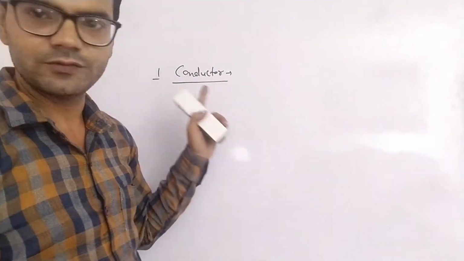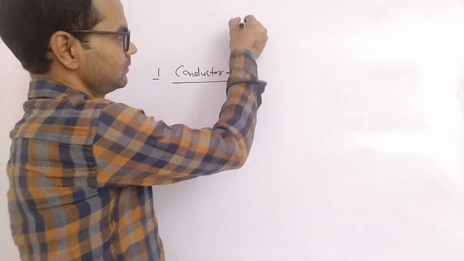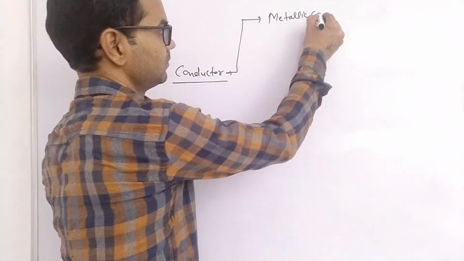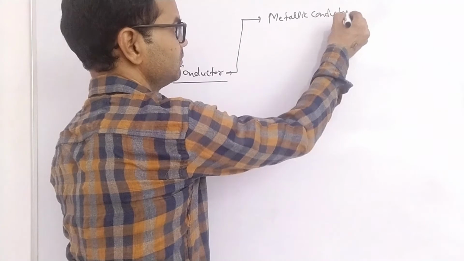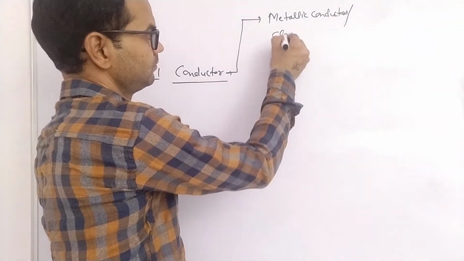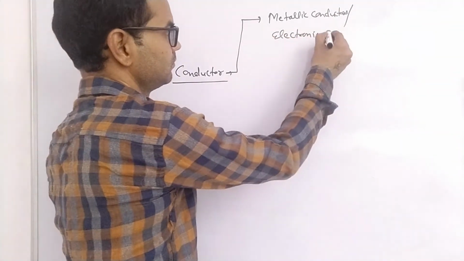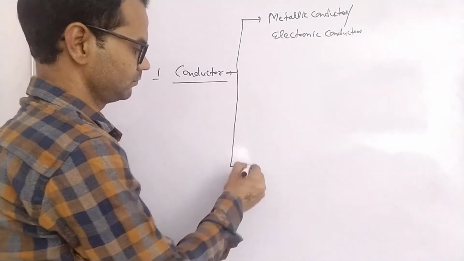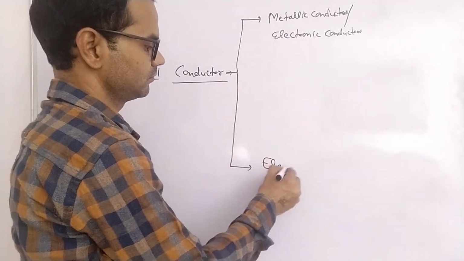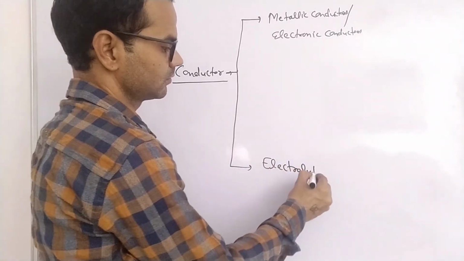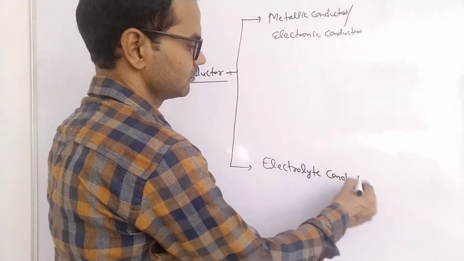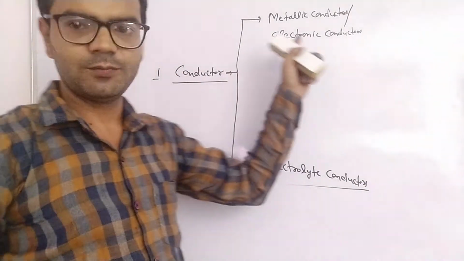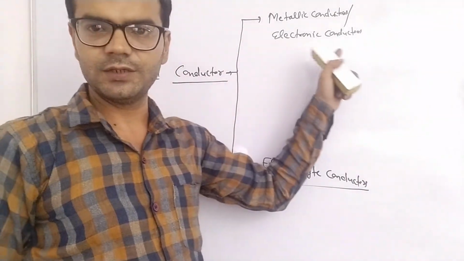Now conductors are of two types: metallic conductors or electronic conductors.